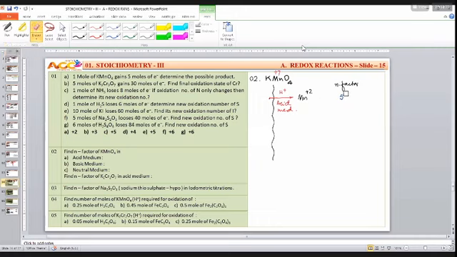Sometimes people say, sir, I don't want to understand what is going on here. Mn +7 to +2. I remember 5. Finished. Okay, come on. Suppose you are having basic medium, people write OH minus. They don't write basic medium, they write OH minus. It means it is basic medium. If you are having basic medium, remember, KMnO4 changes to K2MnO4.